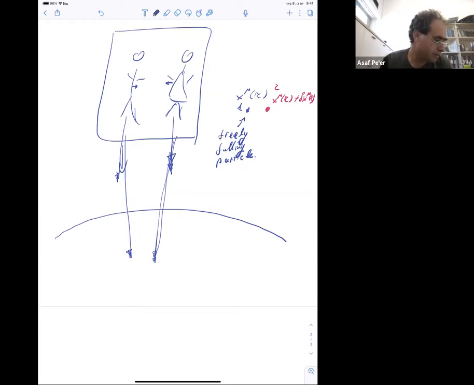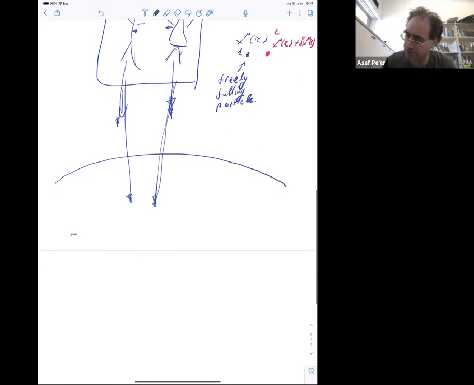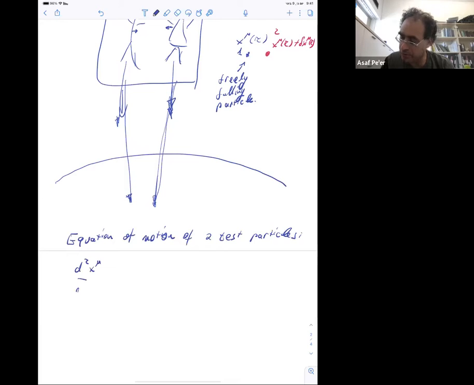So if you write down the equation of motion of the two test particles, for the first one it's of course the geodesic equation: d²x^μ/dτ² plus Γ^μ_ρσ, a function of the position x, times dx^ρ/dτ dx^σ/dτ is equal to 0.